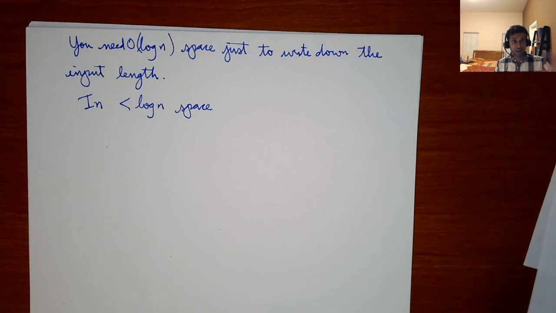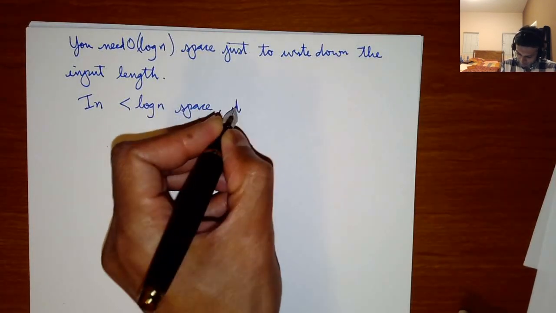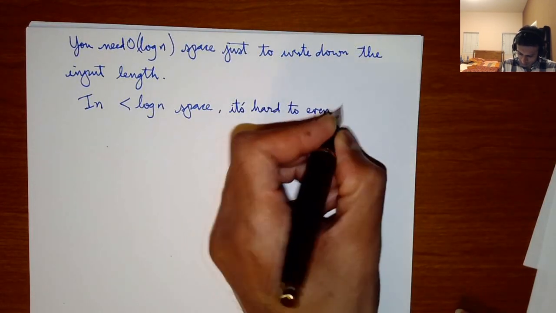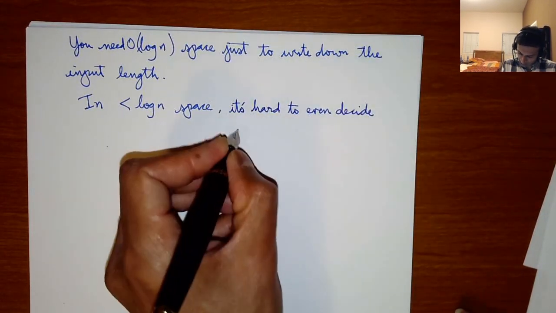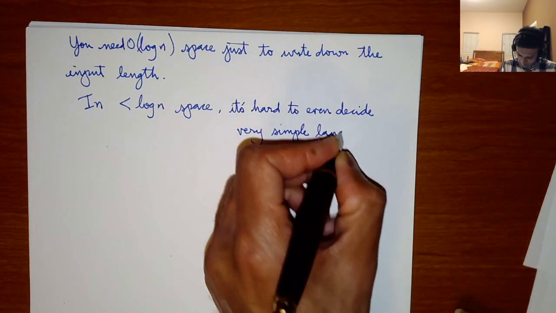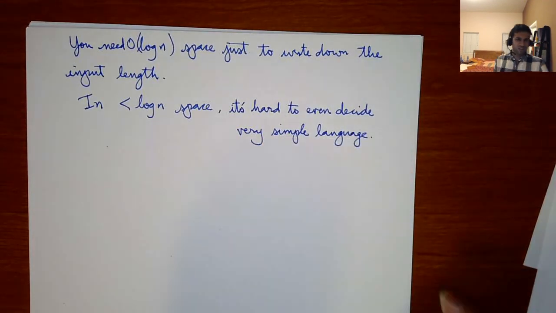That isn't to say that there aren't algorithms that use very little space. There is a whole class of algorithms that do things like constant space, but that's in a very different setting. It's not possible to decide very simple languages, because the space is not even enough to write down the length of the input.